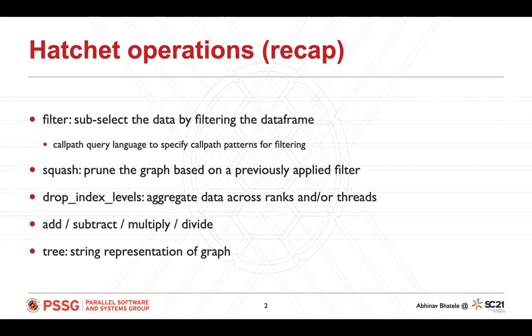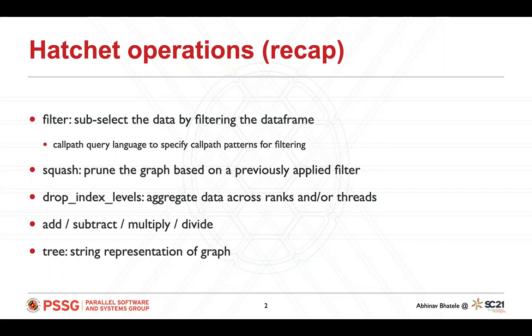The drop index levels function can be used to drop the multi-index in the Hatchet data frame, and this helps us aggregate data on each node of the call graph across ranks and or threads. We've also looked at different functions to add, subtract, multiply, or divide two graph frames, as opposed to a scalar addition or subtraction for all the nodes in a graph frame.